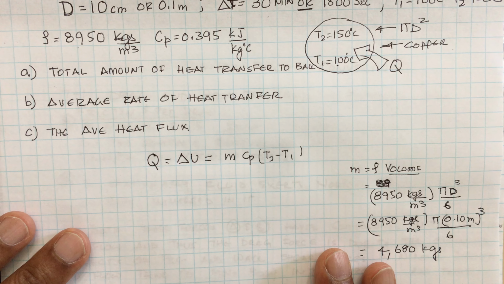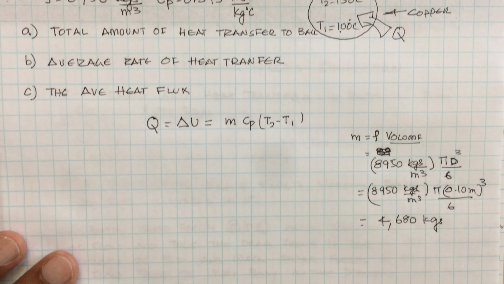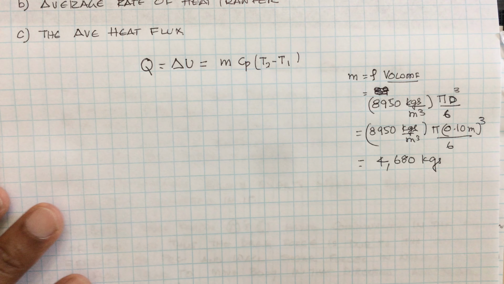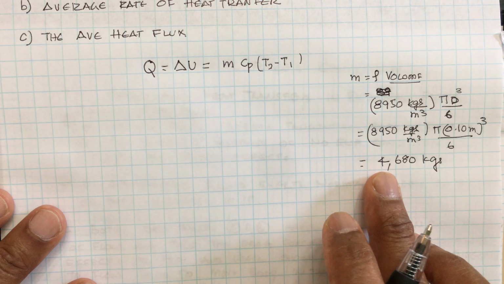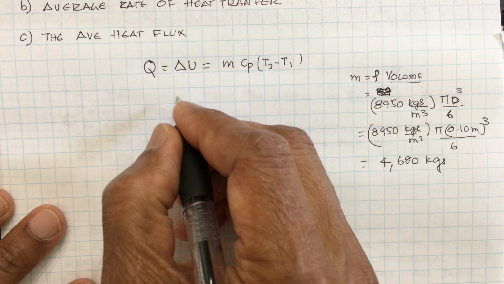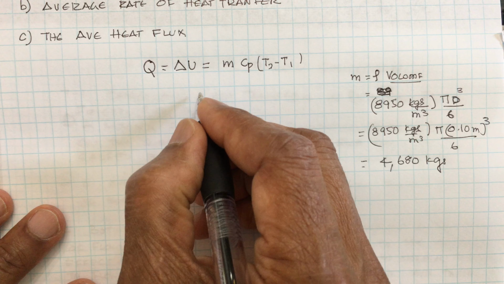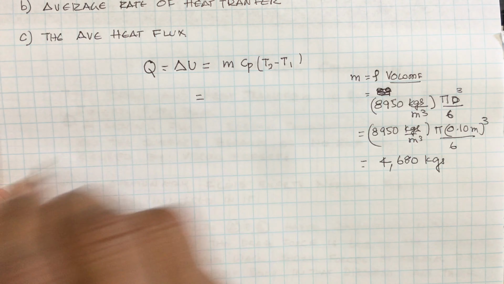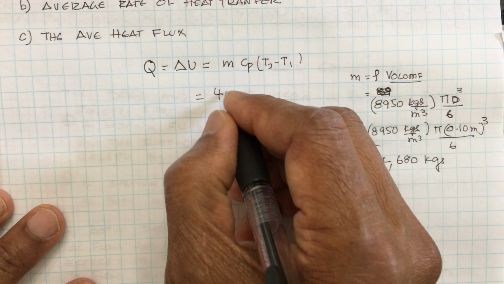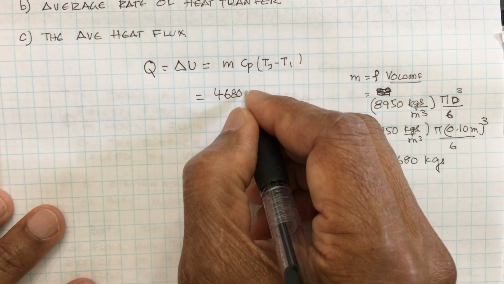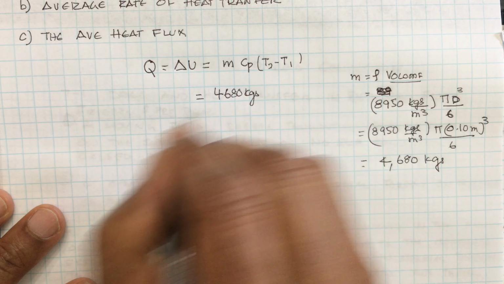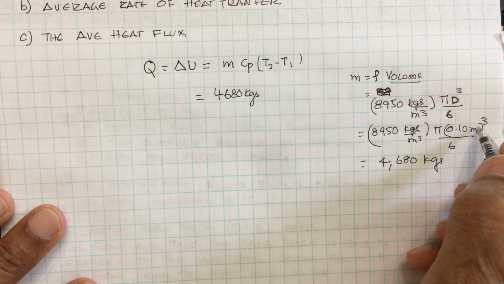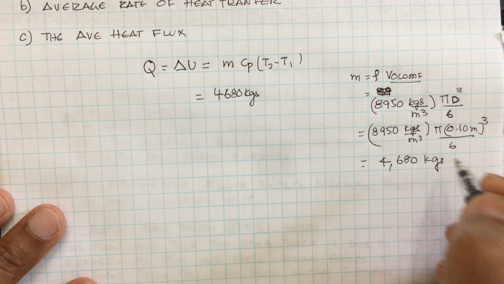So all we have done so far is find the mass. Now to find the heat transfer, that is equal to the mass, 4,680 kgs. If you look, the meter cube gets cancelled, and only kgs is left.